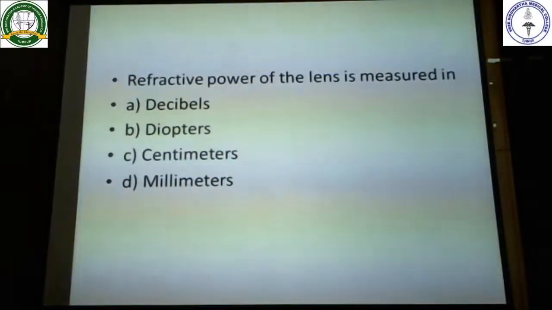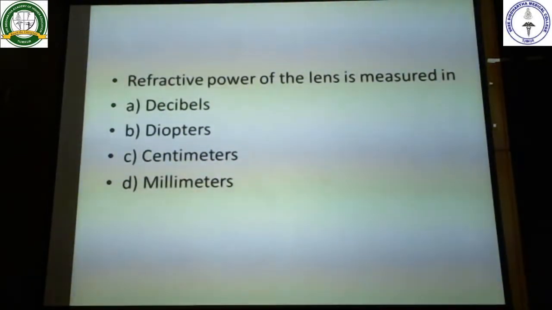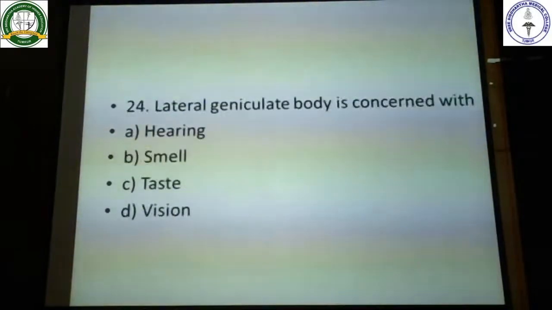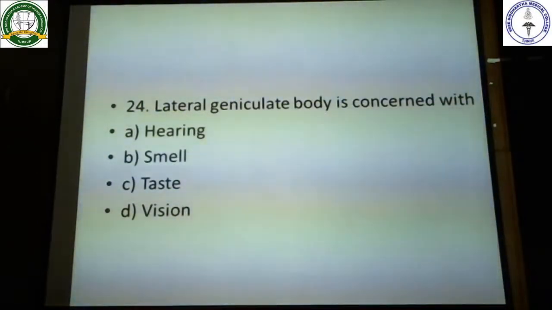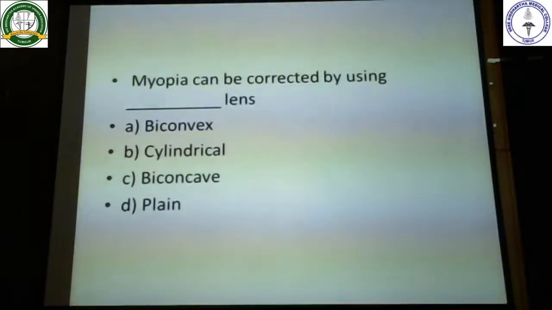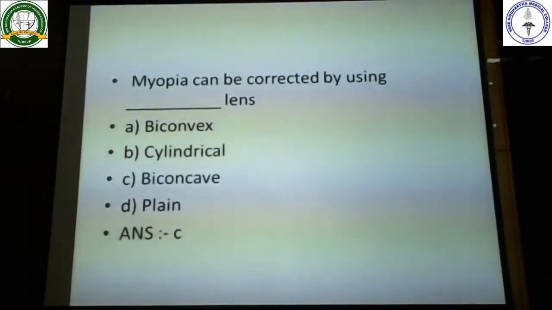Of course, refractive power of lens is measured in diopters. Lateral geniculate body is concerned with what? It's concerned with vision. Myopia or short-sightedness is corrected by biconcave lens.